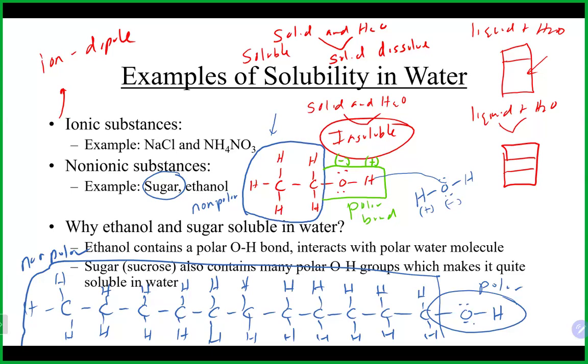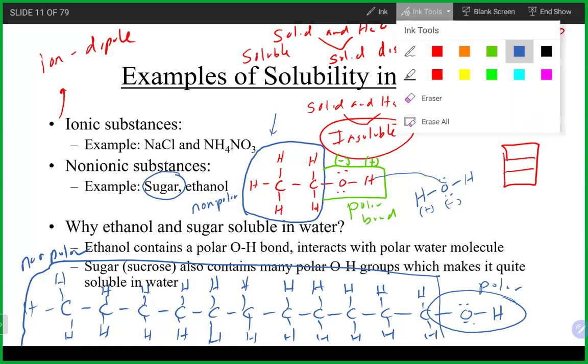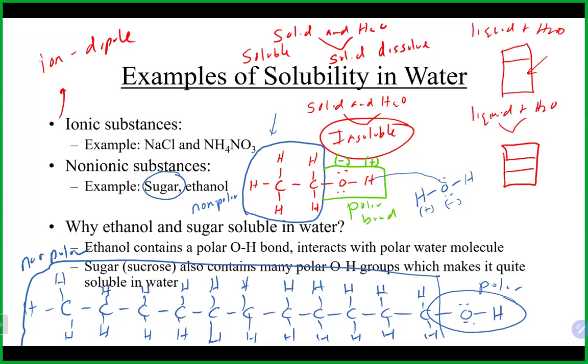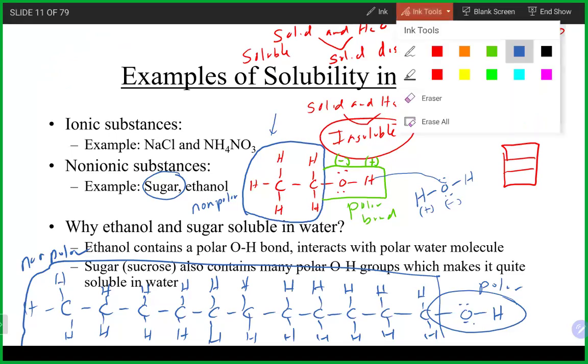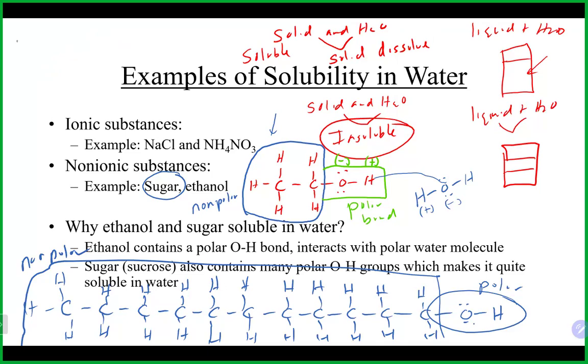Remember that anything that's going to be soluble in water will have to basically take water molecules that are attached to other water molecules and replace those with themselves. So the problem with what I drew on the bottom there is it's pretty large.